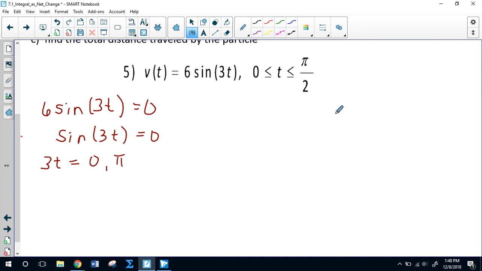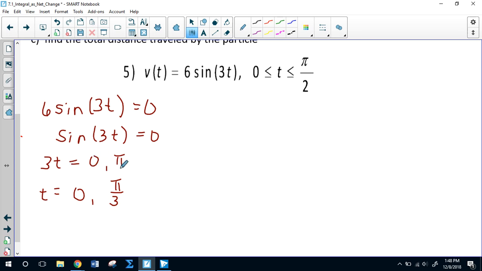And I do choose the pi, even though pi is not in this bounds, because I know when I divide by 3, that's going to give me a value that is between 0 and pi over 2. So it gives me pi over 3. I always take at least one extra, even if it's outside of the bounds, just to make sure that when I divide, I don't lose an answer.